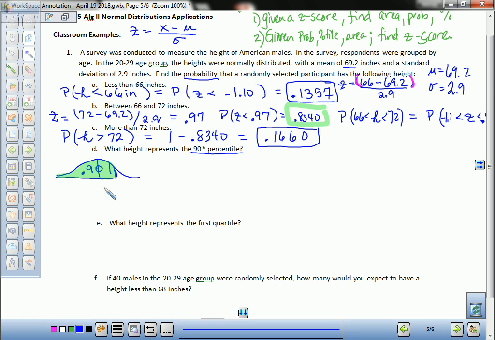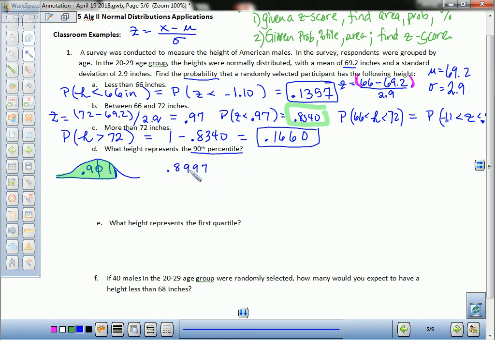It's not on here. There's no 0.90 exactly, so we're going to have to do a little bit of estimating. I do see 0.8997. It's so close. That's 3/10,000ths away. That's pretty close.